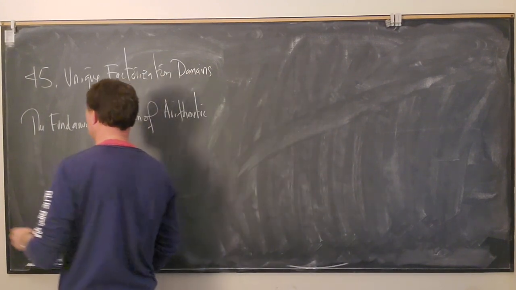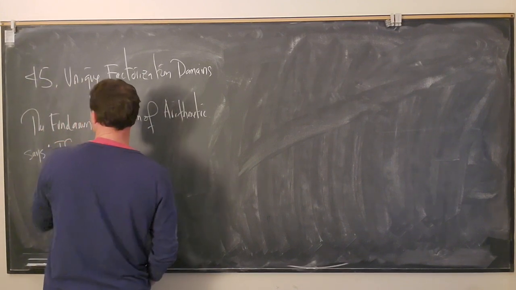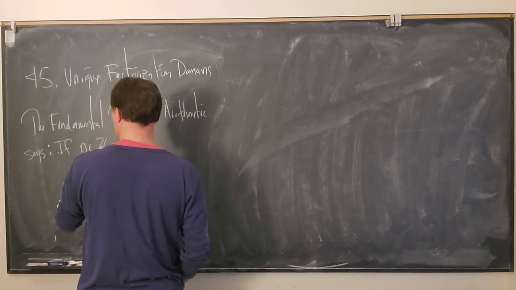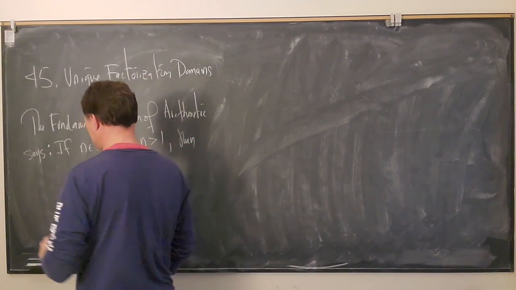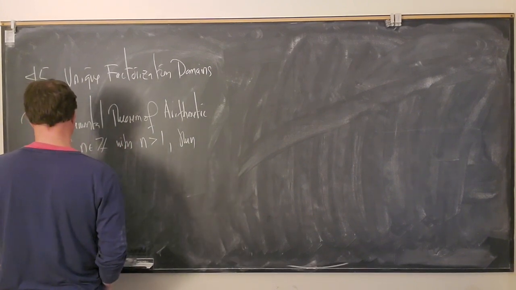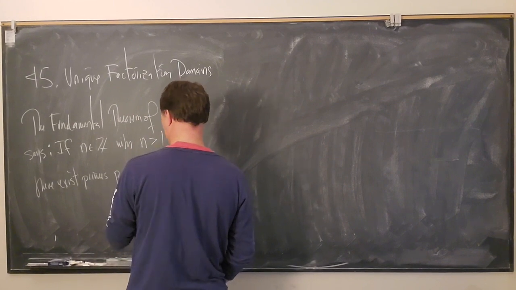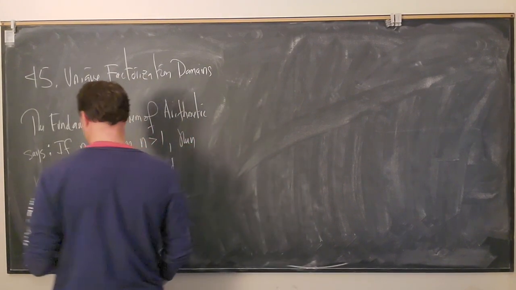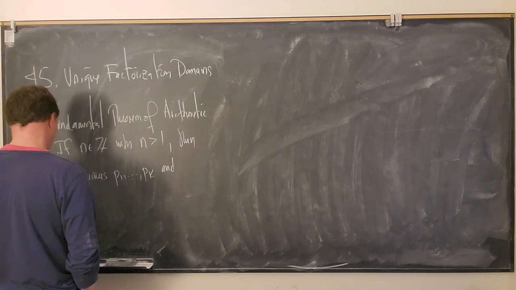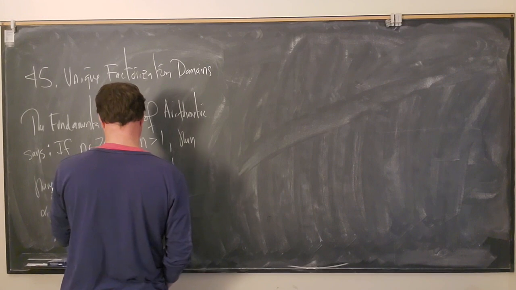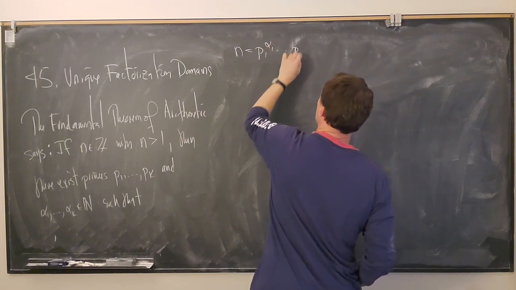So the fundamental theorem of arithmetic says if we take an integer, let's say n in Z, where n is greater than 1, then there exist primes p1 up through p sub k, and some exponents, some natural numbers, let's say alpha 1 up through alpha k in N, such that n is equal to p1 to the alpha 1 dot dot dot p sub k to the alpha k.